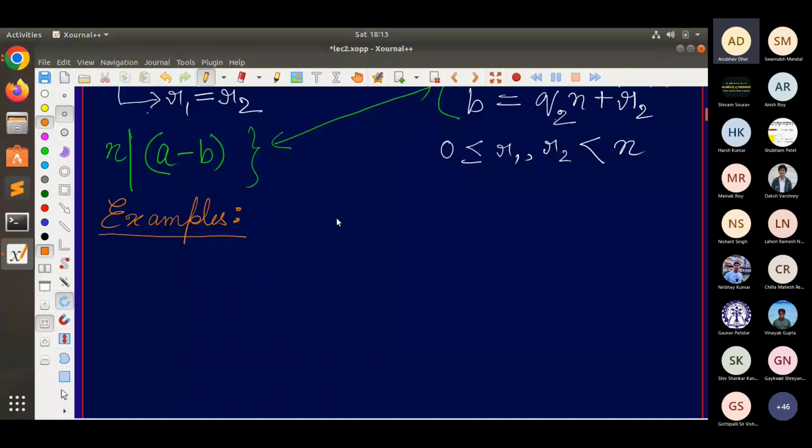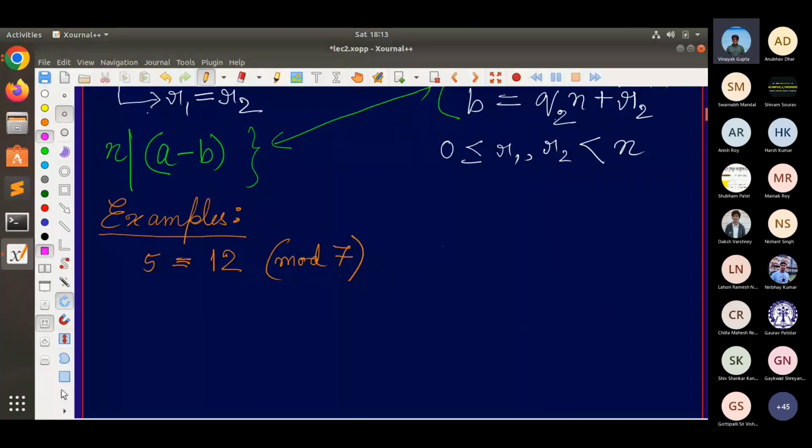So we can write something like 5 is congruent to 12 mod 7. Can someone say why? Both leave remainder 5 when divided by 7. Yeah, both give remainder 5. Or you can say something like 5 minus 12 is a multiple of 7.